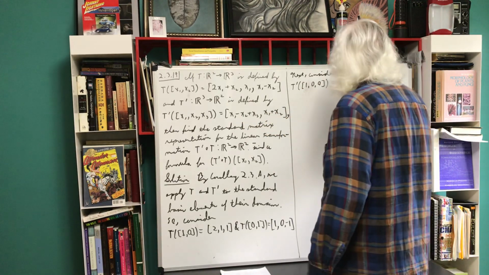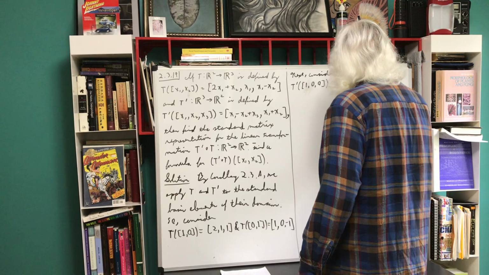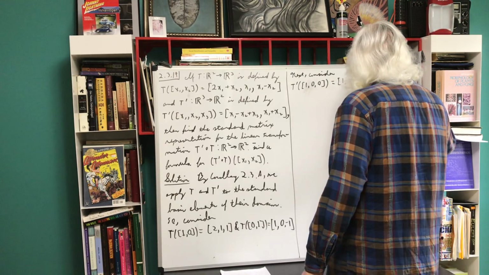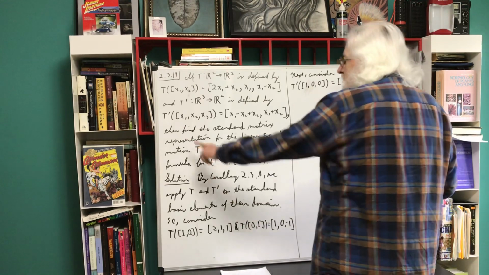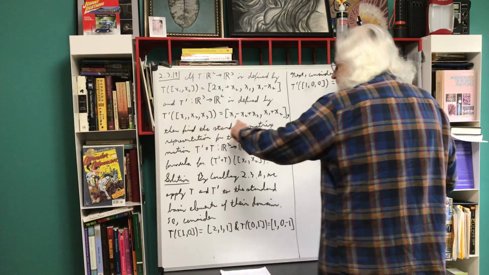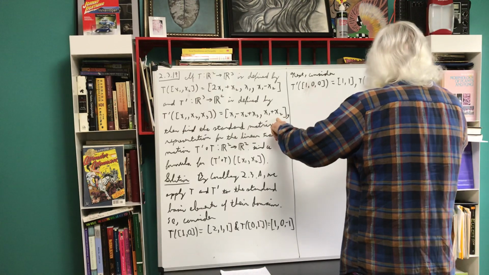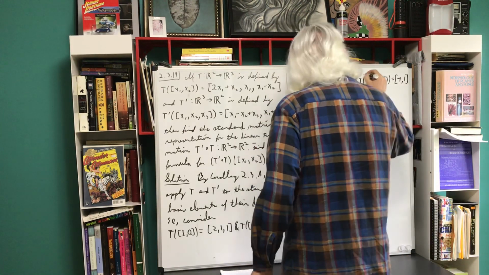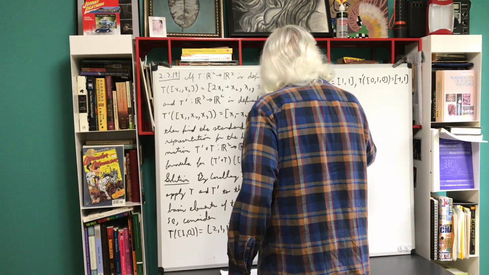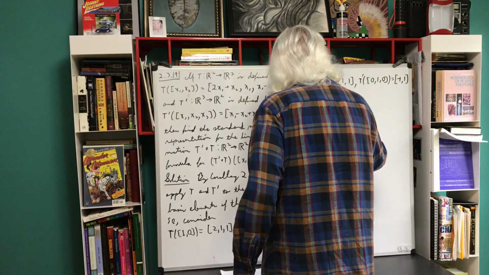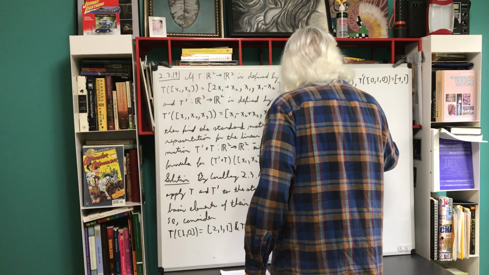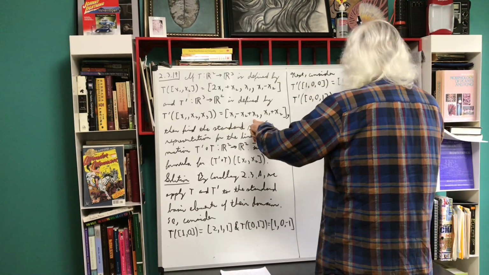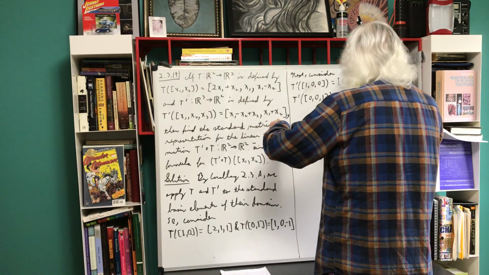The remainders are zeros. We'll apply T prime to 0, 1, 0, which will give us out negative 1, 1. And we'll apply T prime to the k vector 0, 0, 1. x3 is 1, so we'll get a 1 out for the first component and a 0 out for the second one.